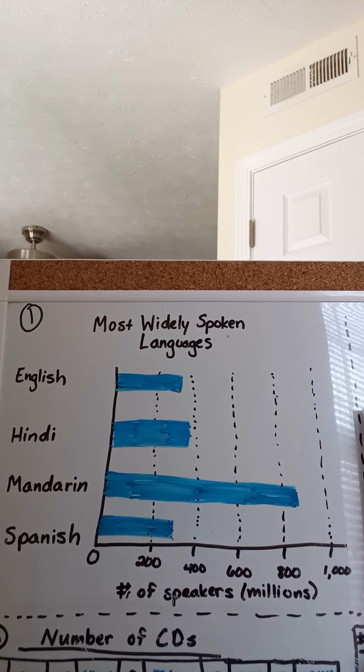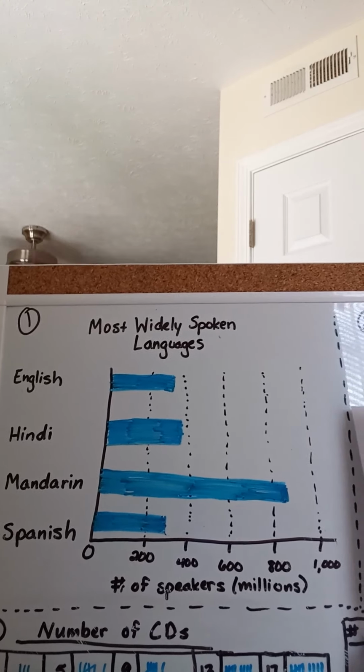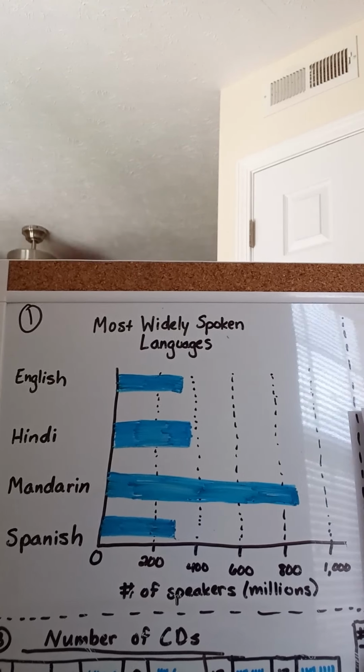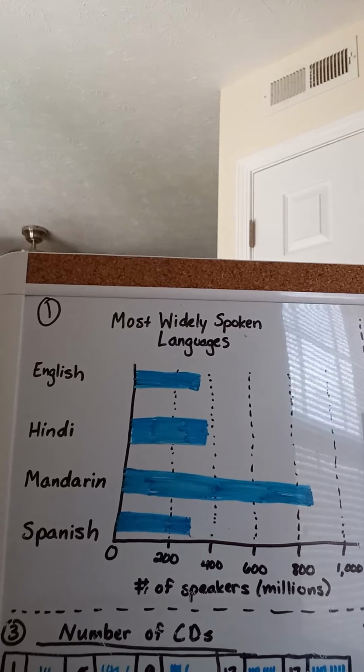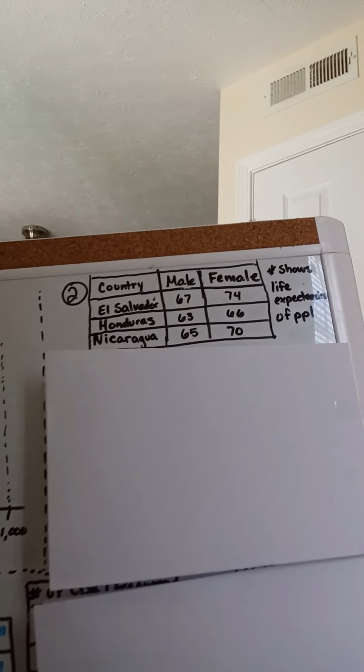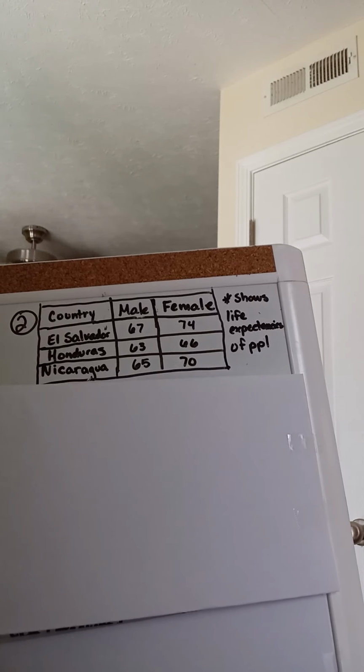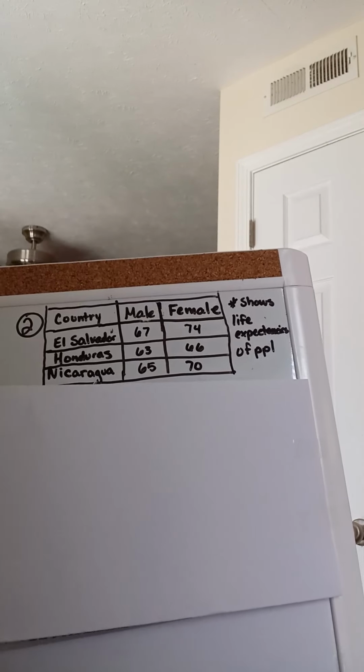Those are rough estimates. Okay, so those are some questions you would have where you have a bar graph and you just have to answer questions on your paper. The second one is this one. Number 2, they just give you a table, okay? That's all they give you is a table.